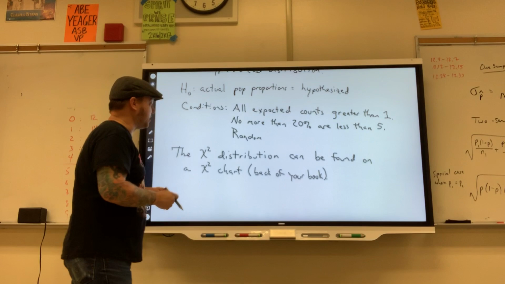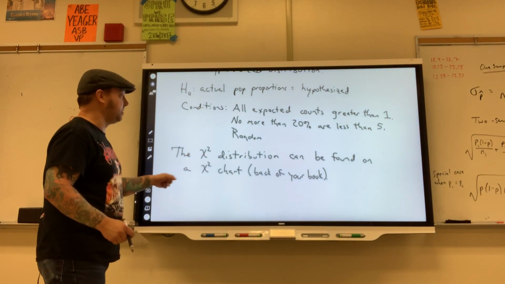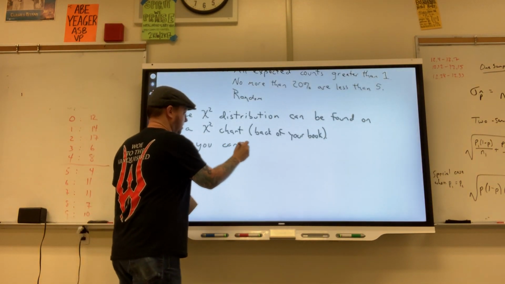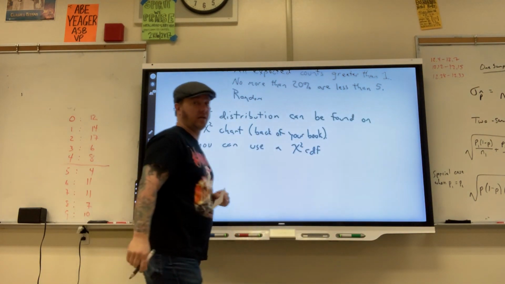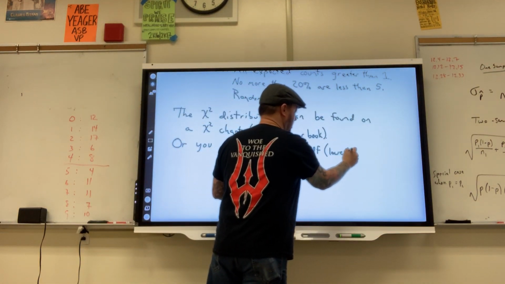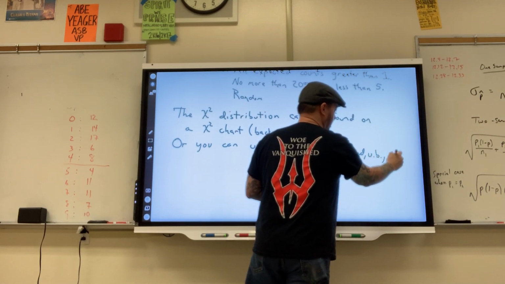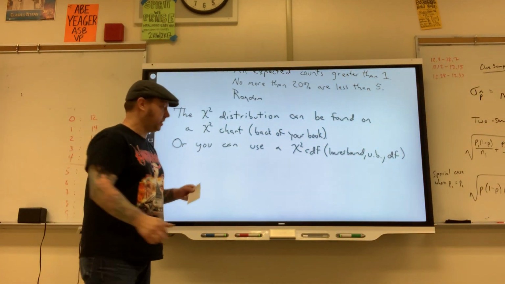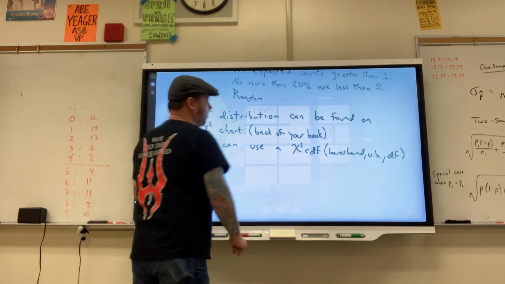Hopefully we're still taking AP testing this year. We'll see. All right, chi-square distribution, back of your book, or you can use a chi-square CDF, which is lower bound, upper bound, degrees of freedom. Okay, so we found our chi-square was 13.6 with 9 degrees of freedom.